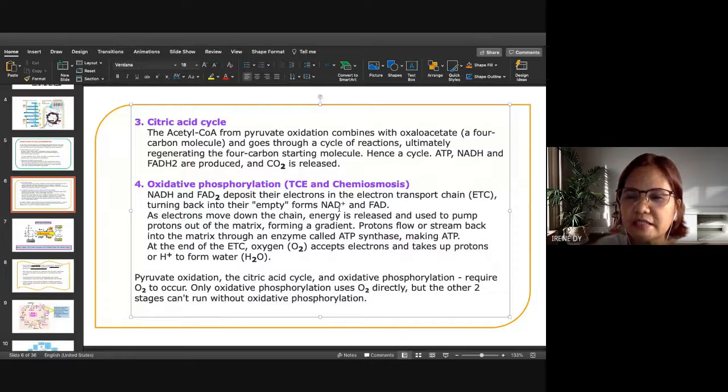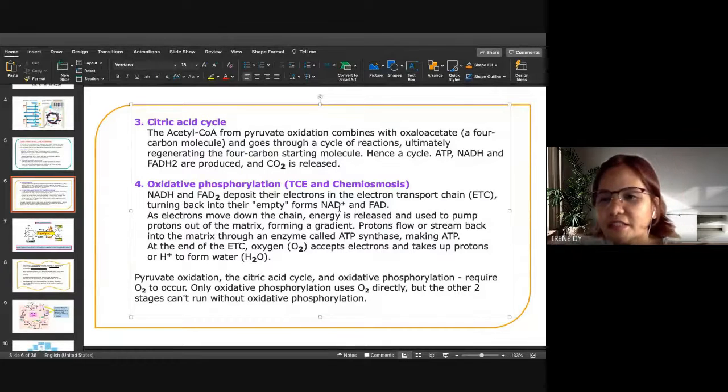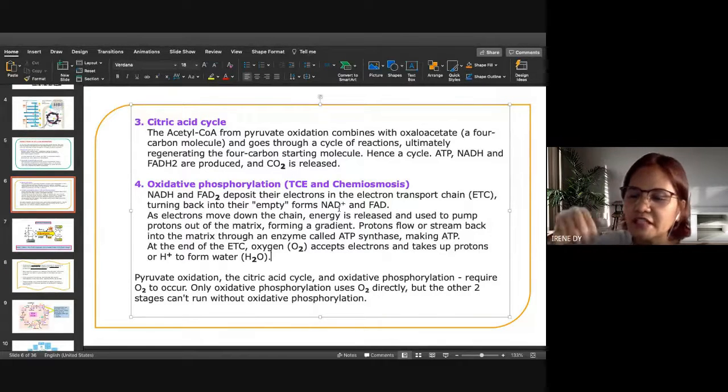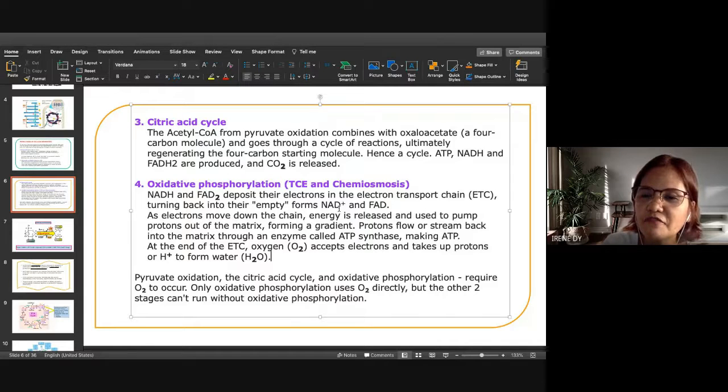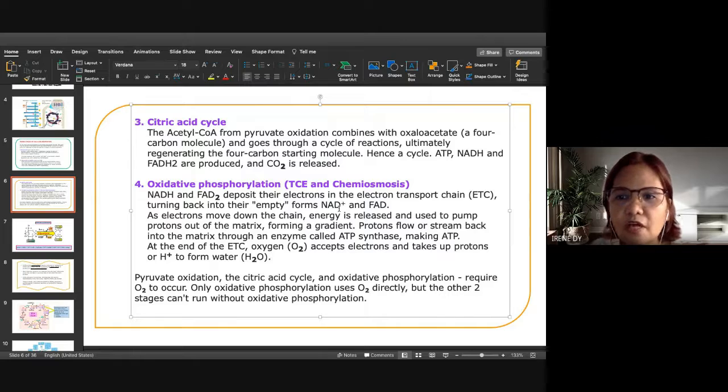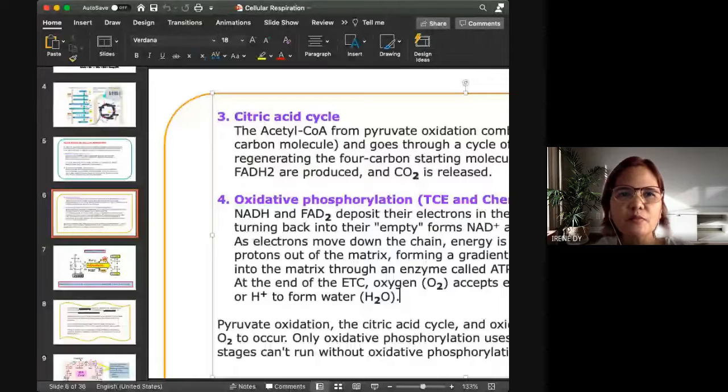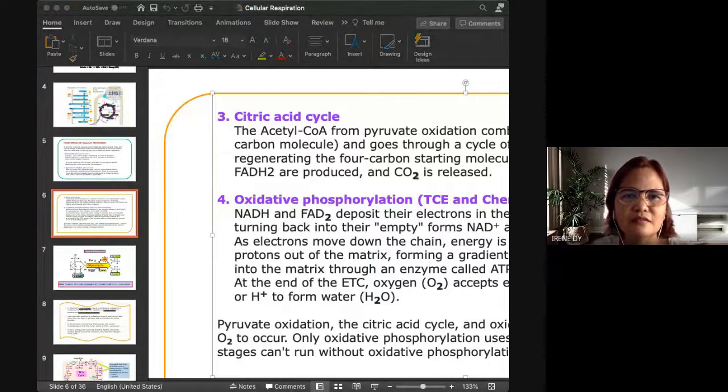NAD+ to NADH, gaining electrons yon. FAD to FADH2. Okay, tingnan natin ulit. Kung hindi natin to matatapos ngayon, it's okay, as long as malinaw tayo, class.